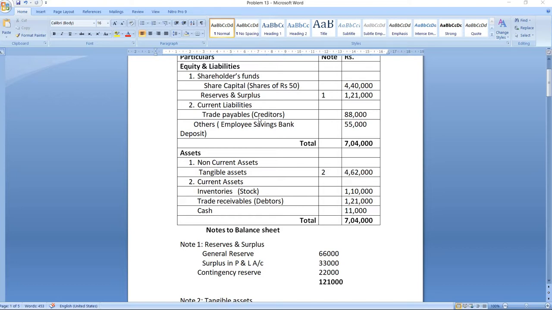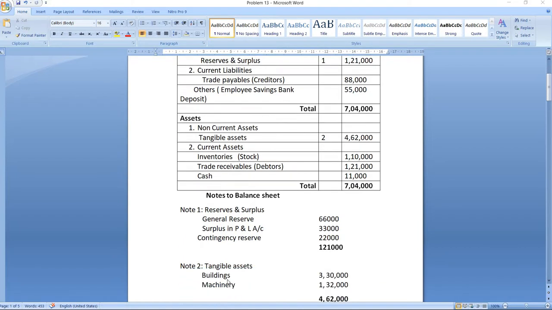Then current liabilities, in that creditors 88,000, employee savings deposit 55,000. Okay. Let us look at the assets. Tangible assets, buildings 3,30,000, machinery 1,32,000, stock 1,10,000, debtors 1,21,000, cash 11,000.